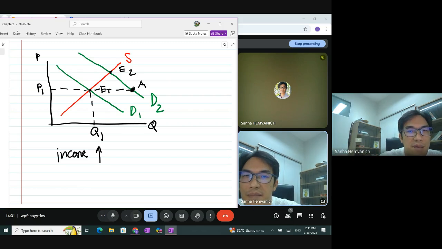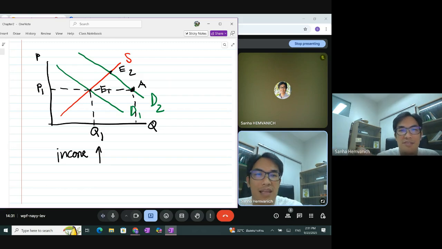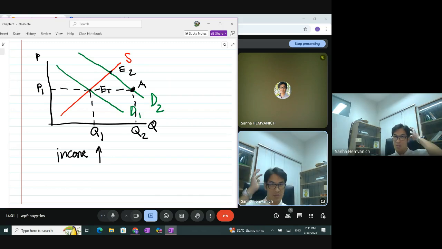At point A, it's gonna intersect with, let's say, Q2. So if the price remains the same and demand of people increase, people will now want Q2, not Q1, at this price. Okay, so that makes sense.